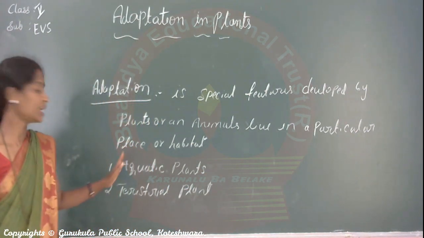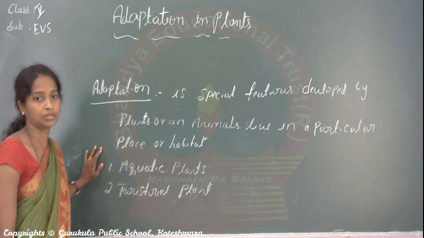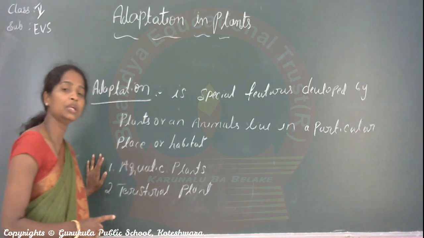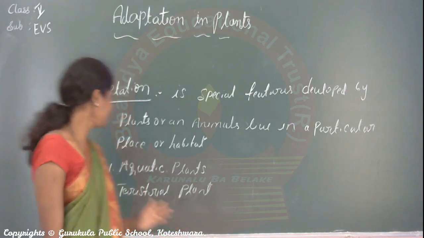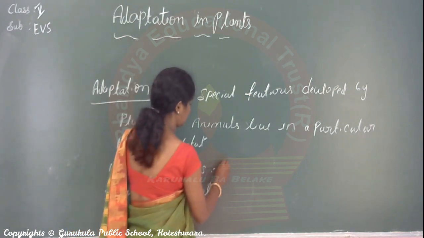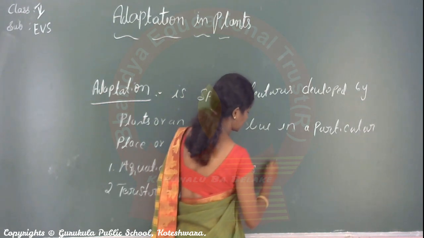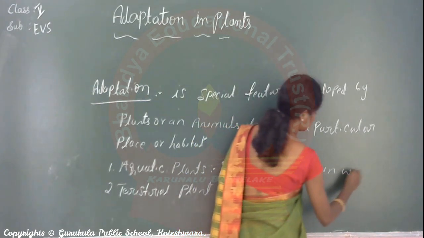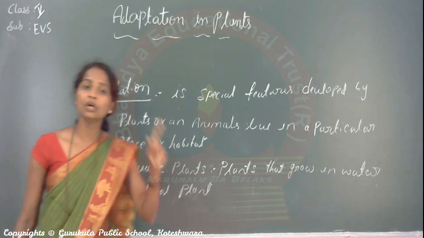In the last class, we discussed what aquatic plants are. Is it, children? What are aquatic plants? Aquatic plants means plants that grow in water.